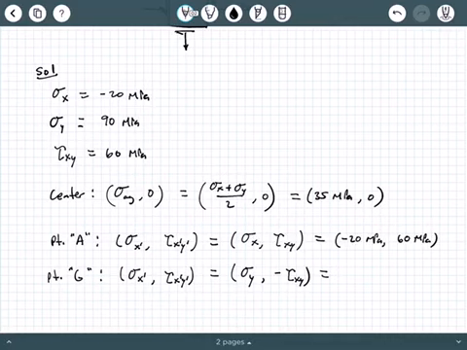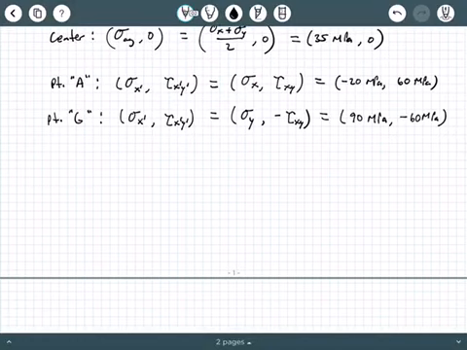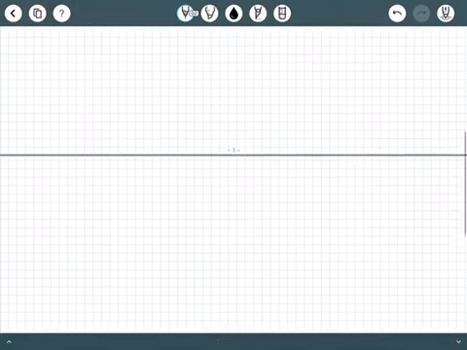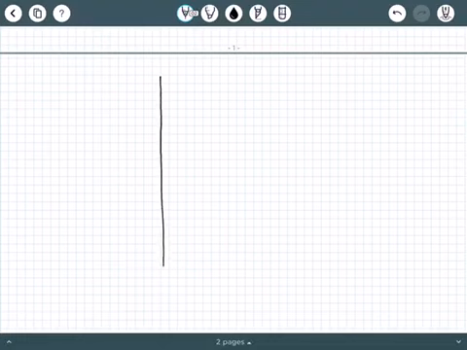When that happens, the sigma x prime value corresponds with sigma y, and then the tau x prime y prime value will correspond with a negative tau xy. So if you can't see that, that's okay. Draw the element out and show the local axes rotated 90 degrees counterclockwise, and then you'll be able to more clearly see this. So point G would be 90 megapascals and then negative 60 megapascals for the shear stress component.